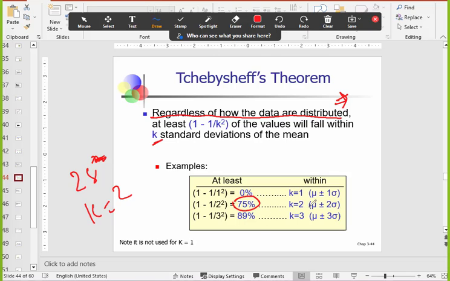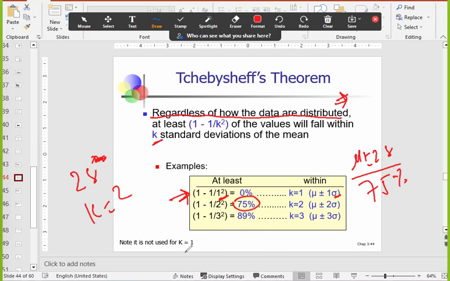So even if the data is not normally distributed, if you calculate mu plus minus 2 sigma, according to Chebyshev's theorem, at least 75% of the observations will lie in between. The problem with this method is that you cannot calculate at one standard deviation, because its answer will be 0.